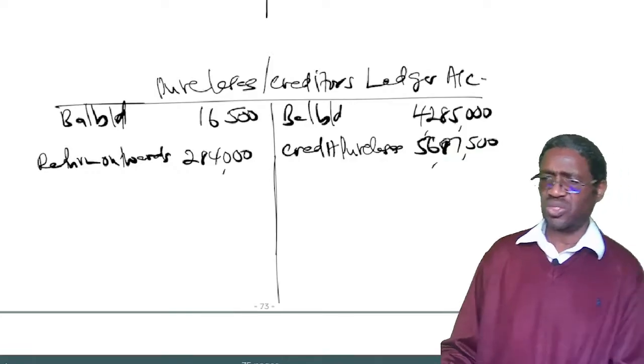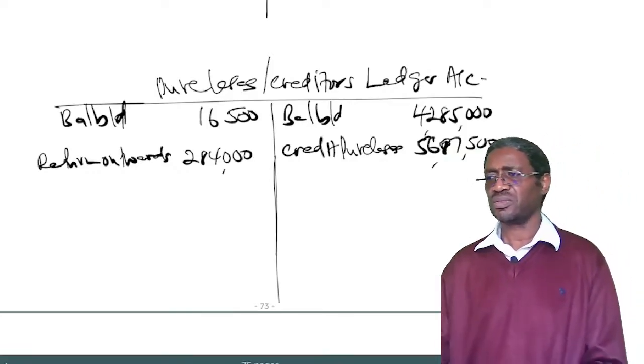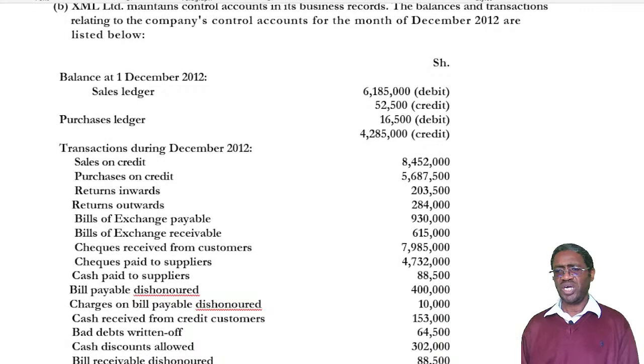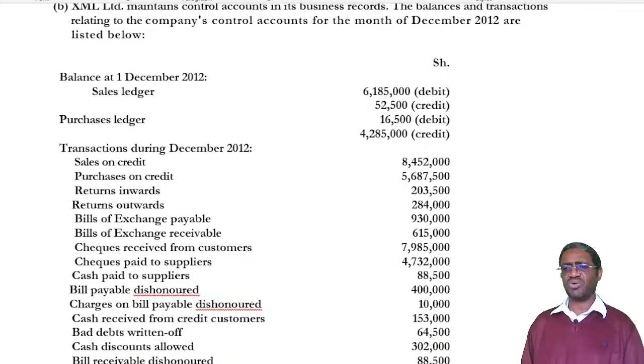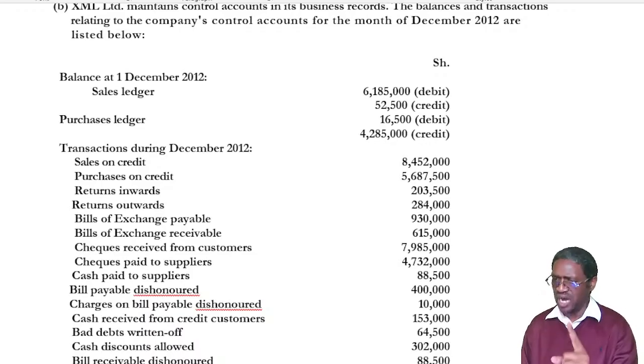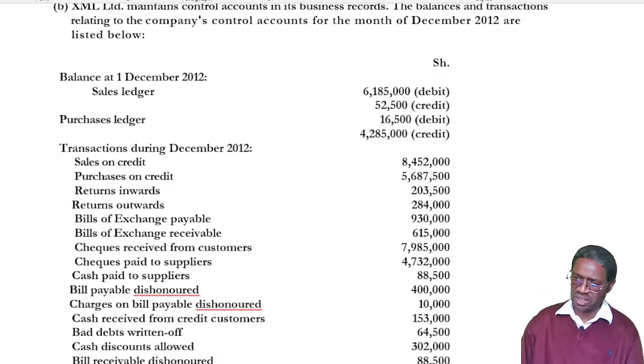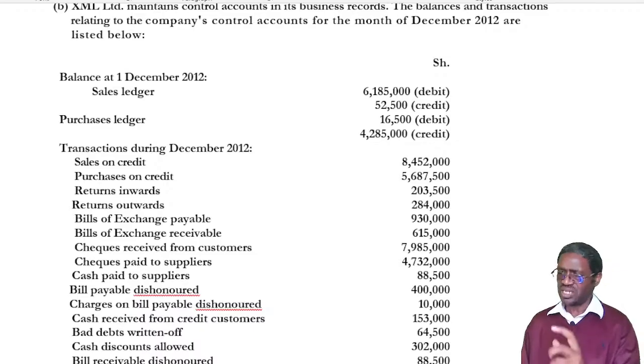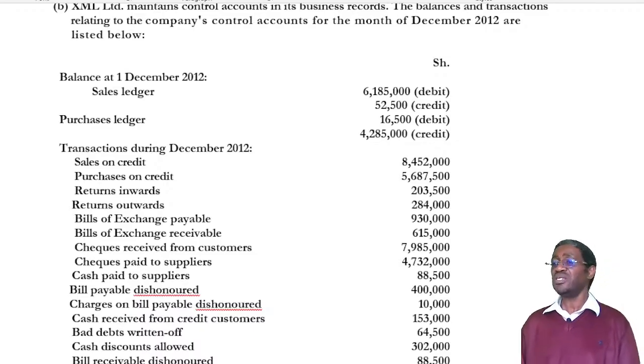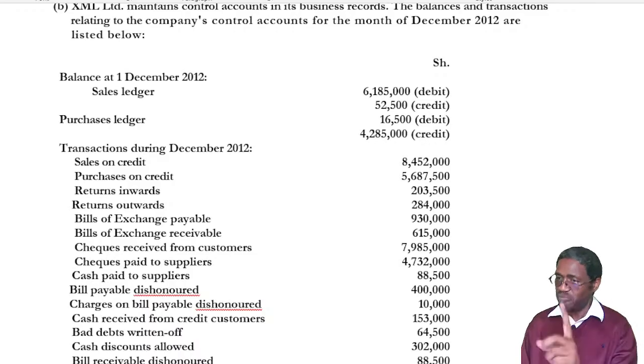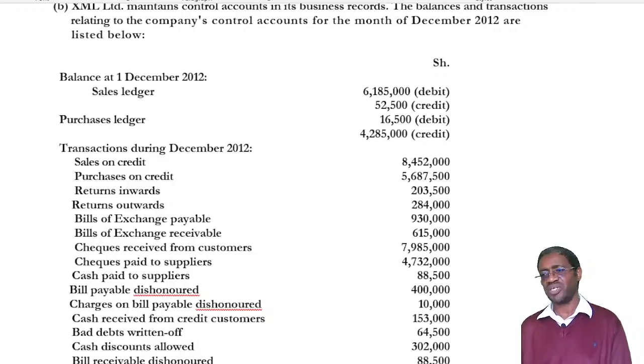After that, we go to the next transaction now. We are given, after return outwards, I can see bill of exchange payable. We paid our supplier. Listen, we paid our supplier by signing that bill. So to us as a business, it's a bill payable. It's as good as having paid our creditors.